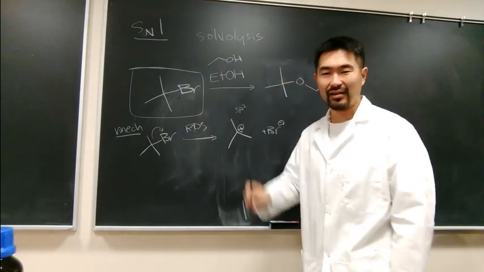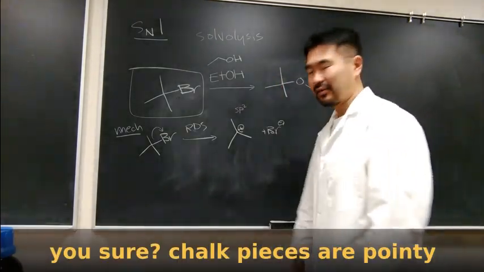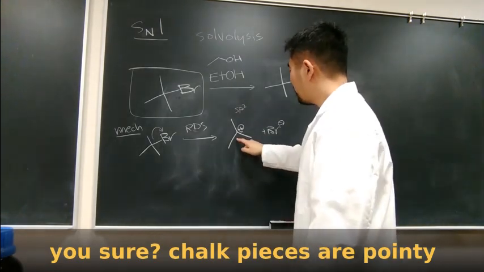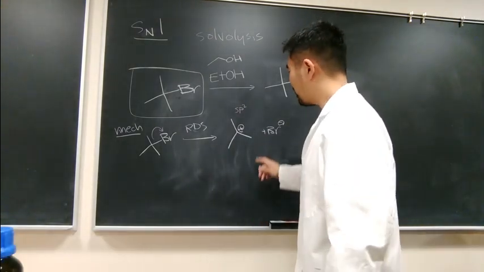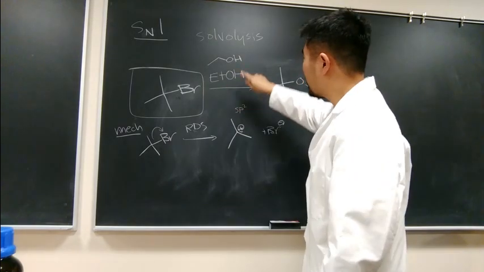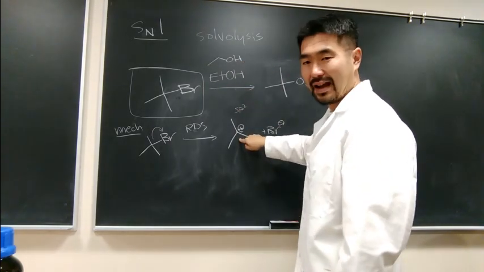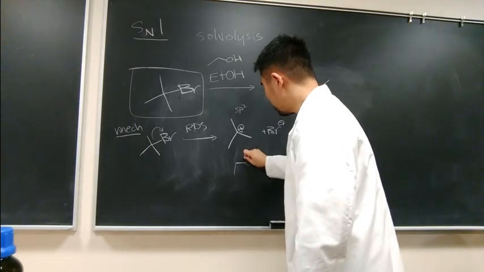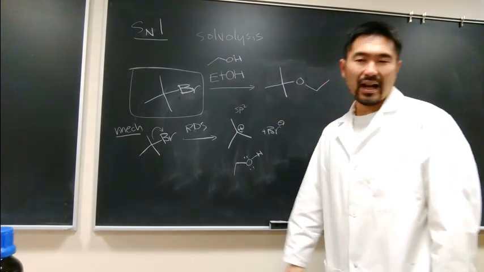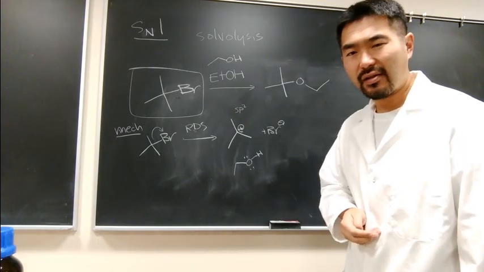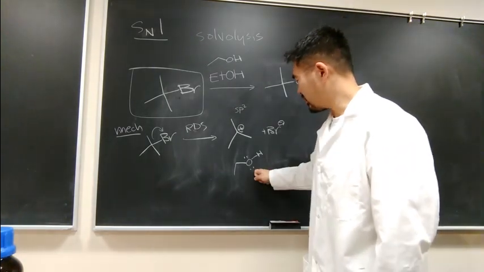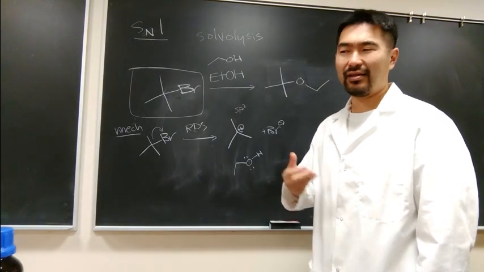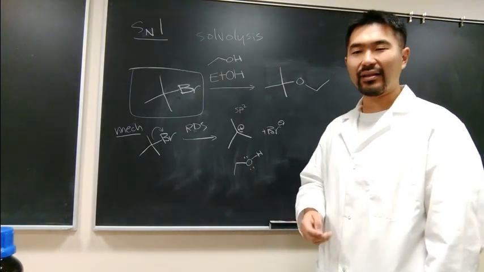I guess I don't need the safety glasses anymore for now. The next thing that happens is the solvent will react with that. So we have the solvent molecule. Now, you may know from our discussion about SN2 reactions that something like an alcohol is a moderate to poor nucleophile.